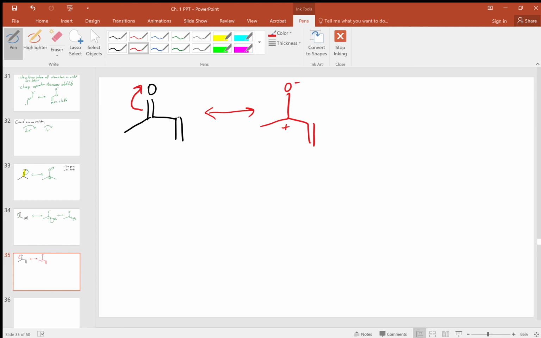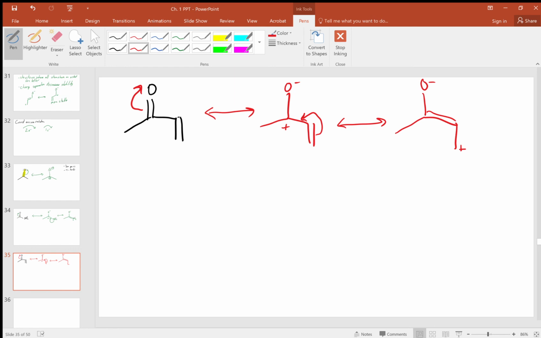And now we have a carbocation which is next to another pi bond. So can that pi bond shift its electrons over towards the cation to make a new resonance structure? In fact, it can. As a result, this carbon here has given up electrons and it is going to be positively charged.